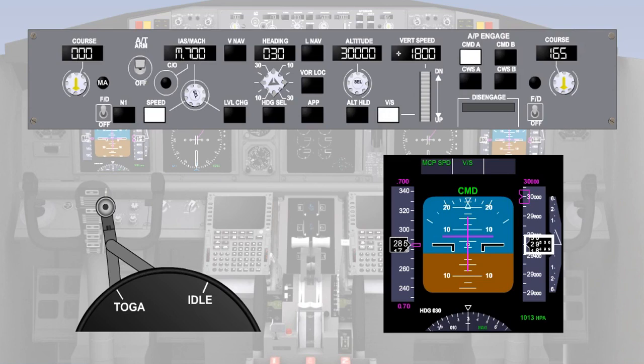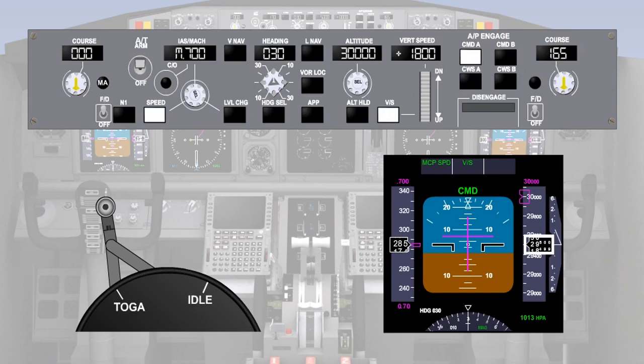This maneuver is called altitude acquire and will allow a smooth transition from a climb or descent to altitude hold. Altitude acquire is a transitionary mode which cannot be selected, but occurs automatically from a climb or descent to an altitude hold. This occurs at between 300 and 500 feet or so before the target altitude, dependent upon the vertical speed at the time. The higher the vertical speed, the sooner it will occur.